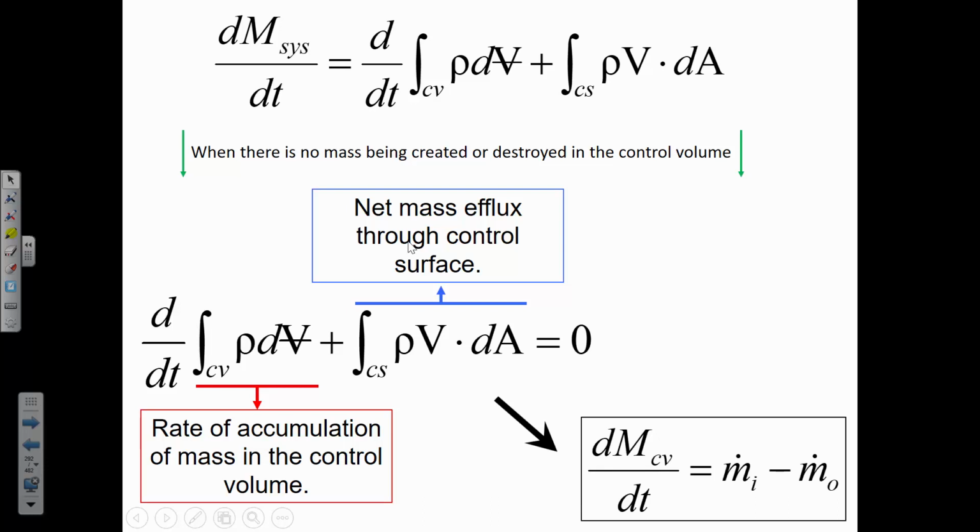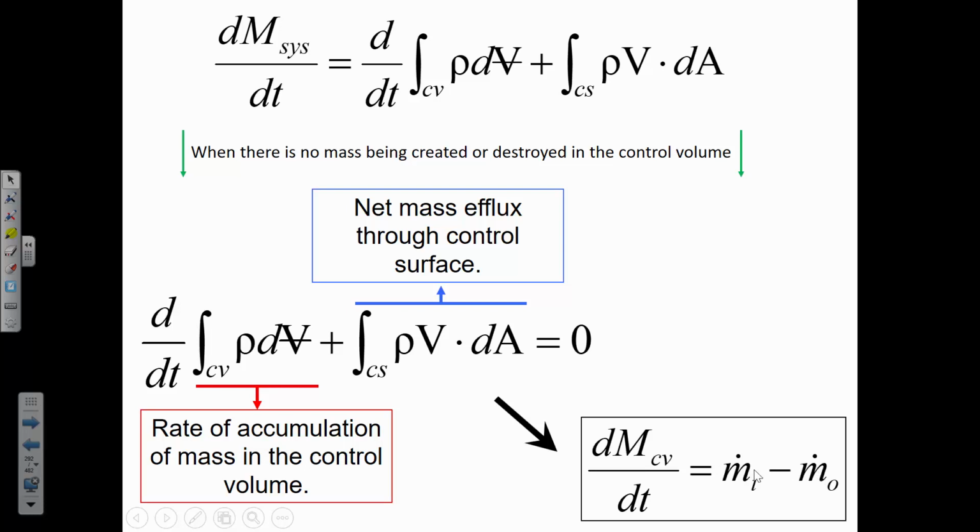And so the simplest expression for the Reynolds transport theorem might be that the mass inside of the control volume over time is the difference between the mass flow rate in and the mass flow rate out. So in other words, if we have some black box, it's just a location where fluid can accumulate, and we look at the mass flow rate in and the mass flow rate out.